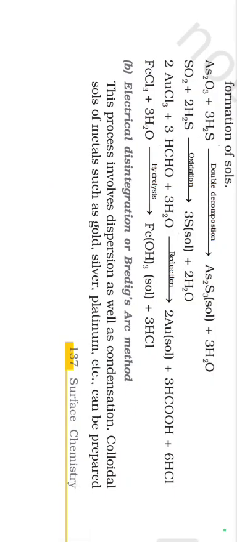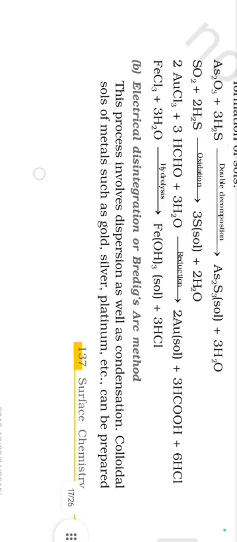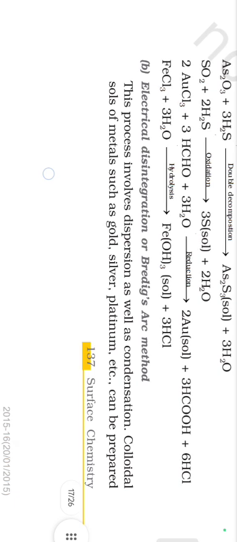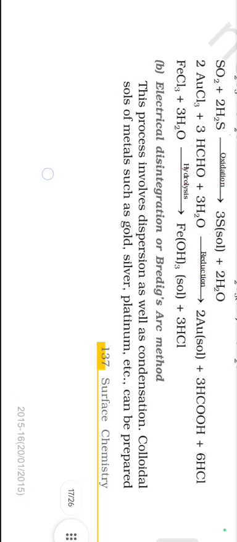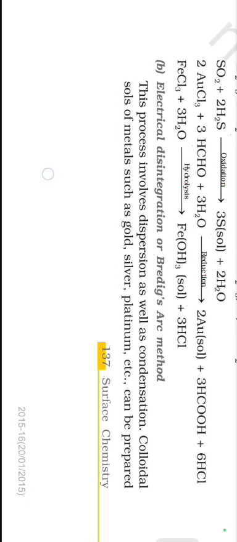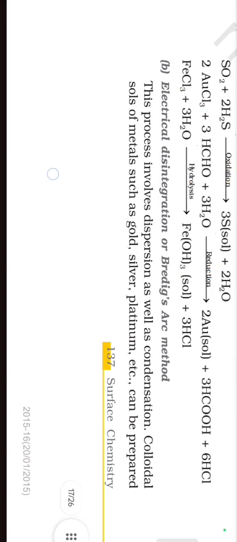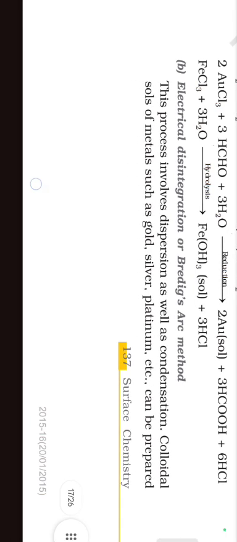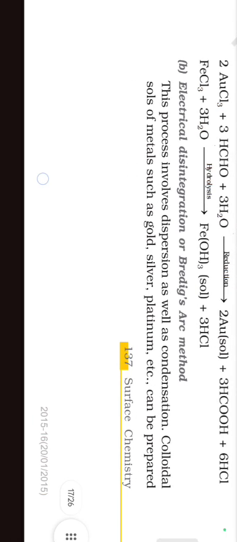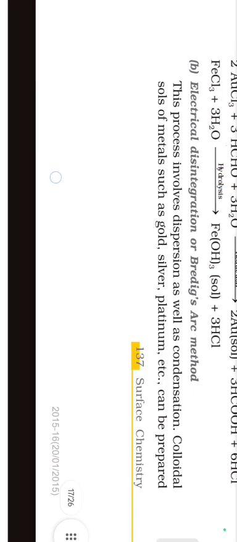As2O3 plus 3H2S, double decomposition, gives As2S3 sol plus 3H2O. SO2 plus 2H2S, oxidation, gives 3S sol plus 2H2O. 2AuCl3 plus 3HCHO plus 3H2O, reduction, gives 2Au sol plus 3HCOOH plus 6HCl.